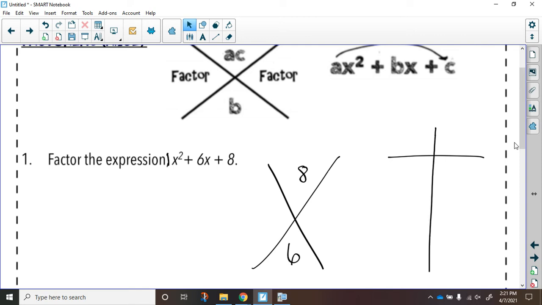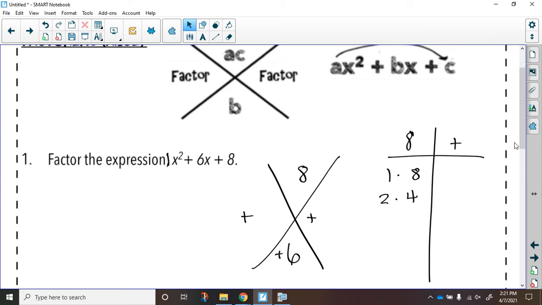So what are the factors of 8? Again, both of these numbers are positive, so I'm going to be getting a positive number. That's what I want. So the factors of 8, we have 1 times 8 and 2 times 4.